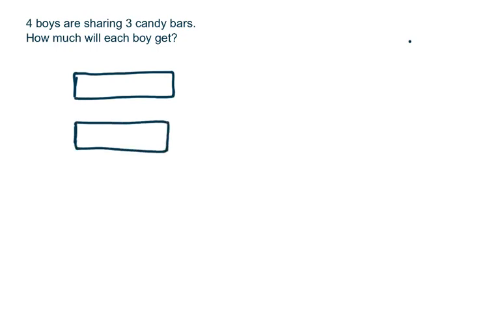In our last example here, we have four boys, and they're sharing 3 candy bars. So I'm going to go ahead and draw our 3 candy bars. And as you may have guessed, we are breaking them up.